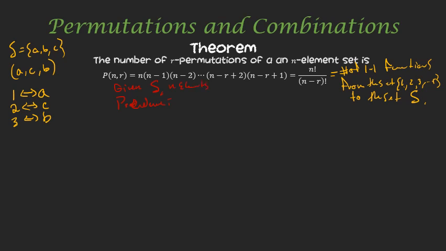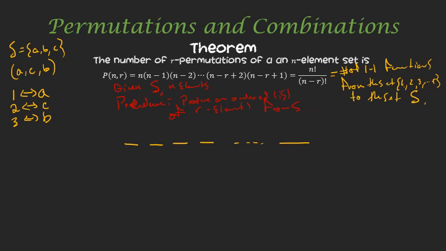We want to produce an ordered list of r elements from S. So it's an ordered list, so I'm going to draw, this is like the license plate, right? There was an order to the license plate, and so I have these 1, 2, 3, 4, up to r different places that I can put my elements of S.